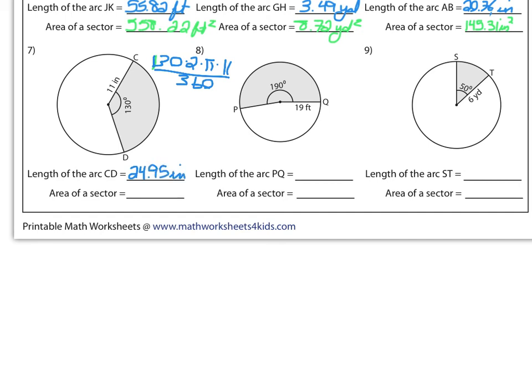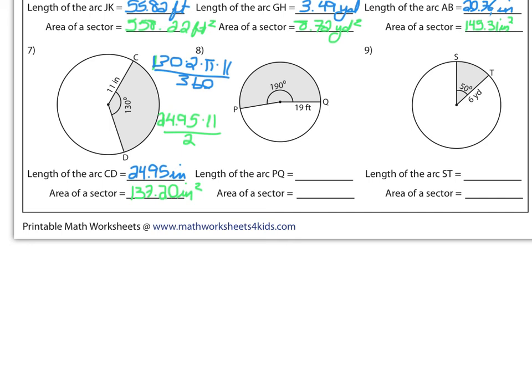So now we can use that to find the area of the sector, which is 24.95 times your radius all over 2, and you get 137.20 inches squared.